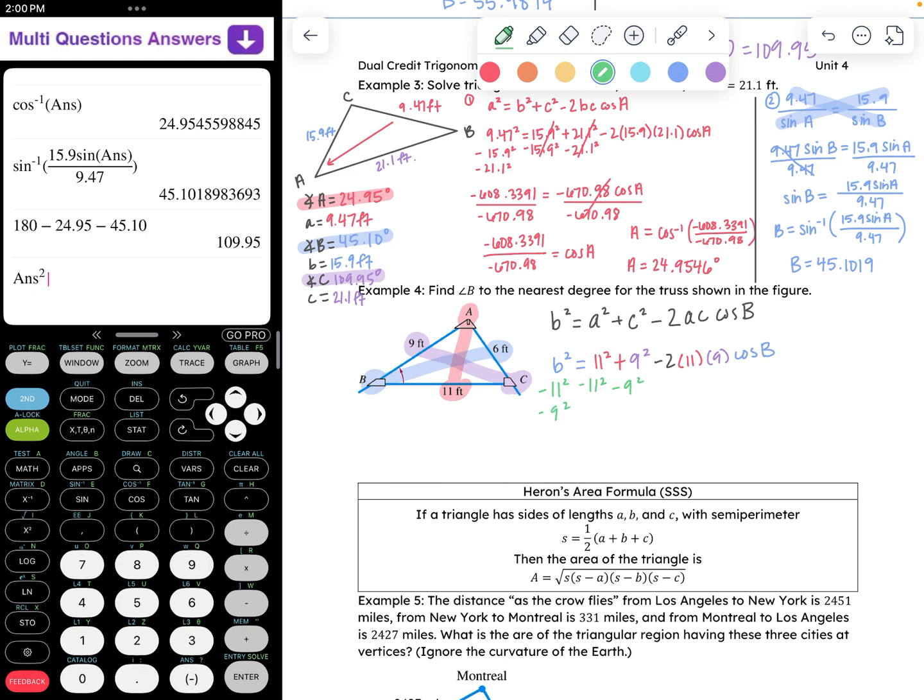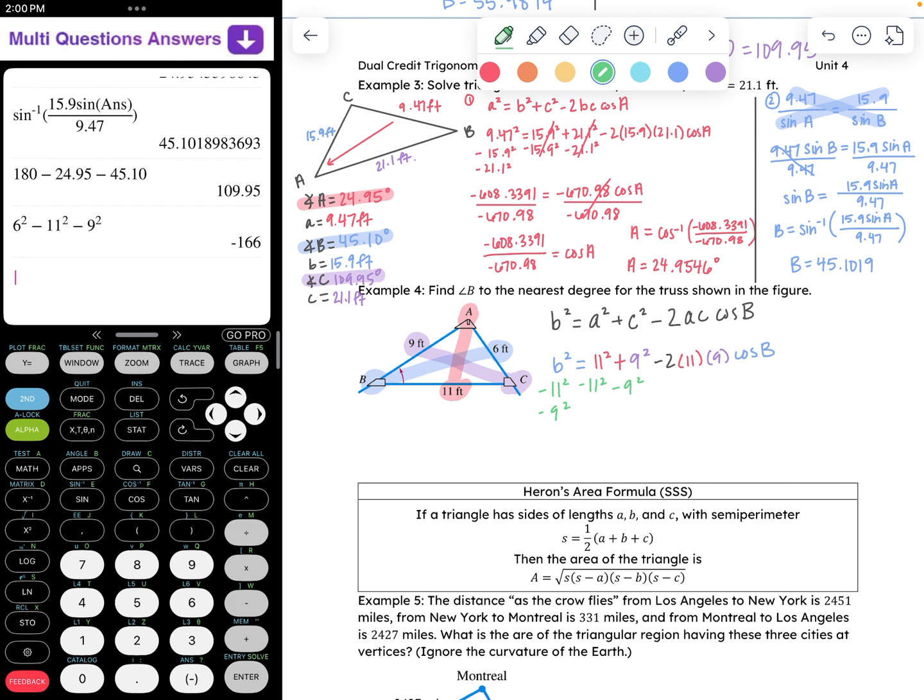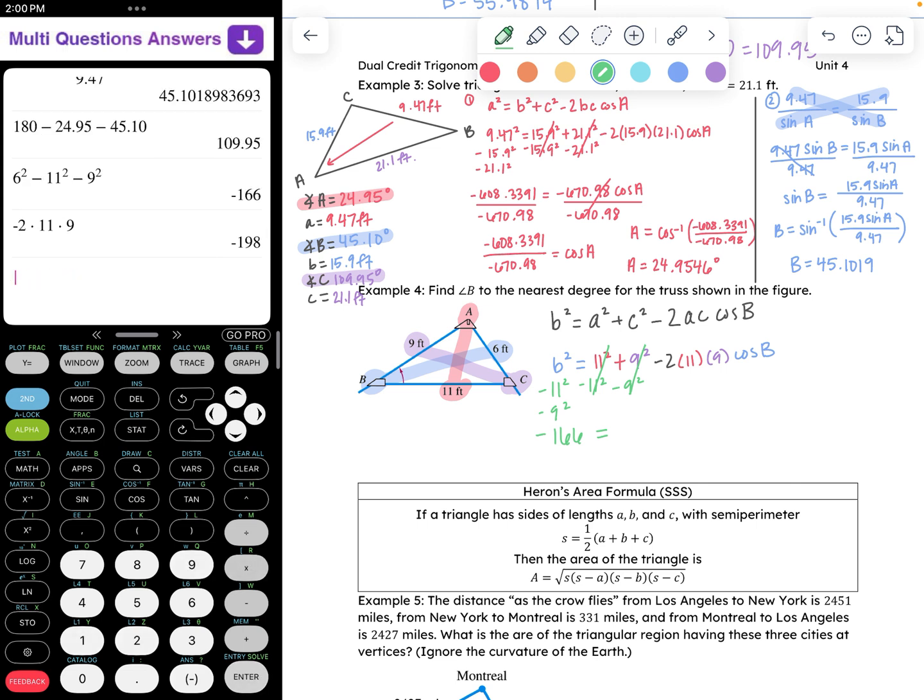So 6 squared minus 11 squared minus 9 squared means we're looking at negative 166 equals, then I've got negative 2 times 11 times 9, so negative 198 times the cosine of B.